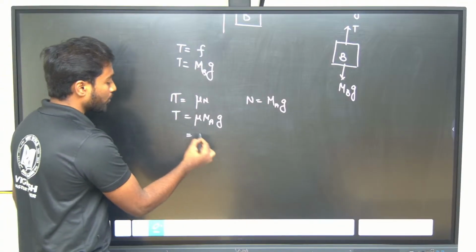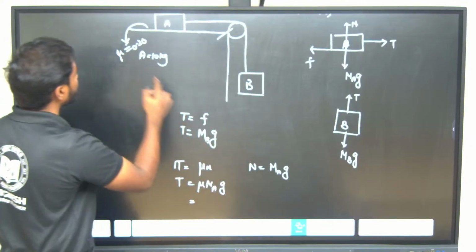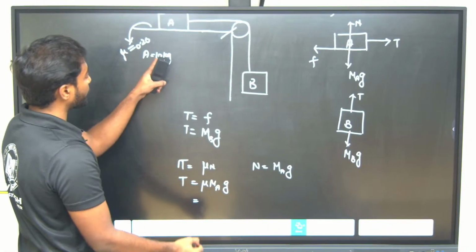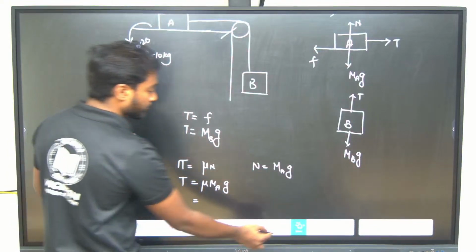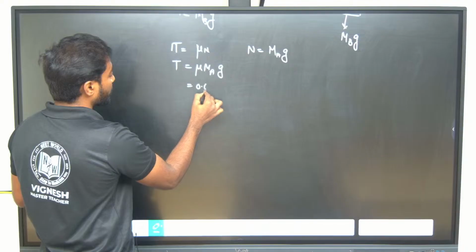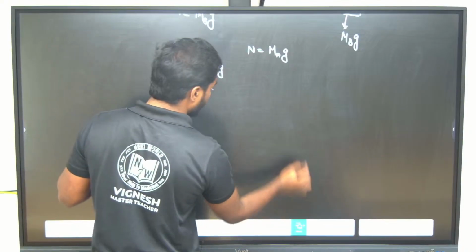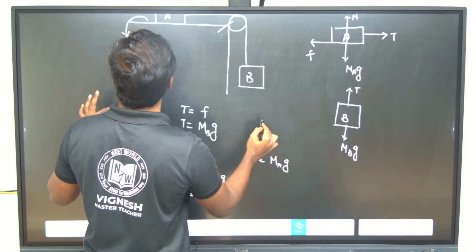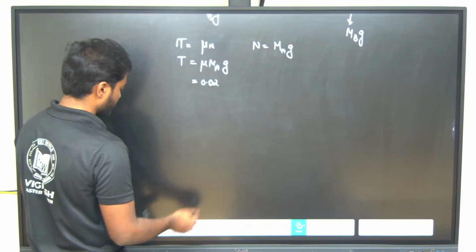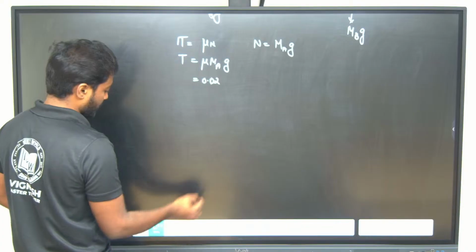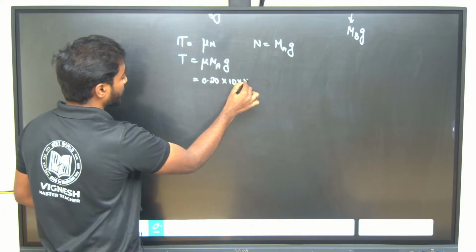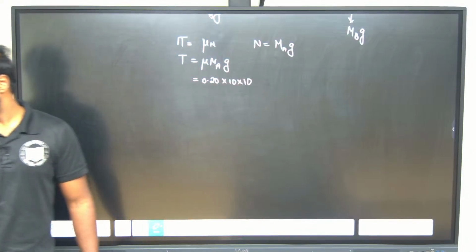How much have they given mu? 0.2, and the mass of A is 10 kg. So 0.2 into 10 into 10, that's it.